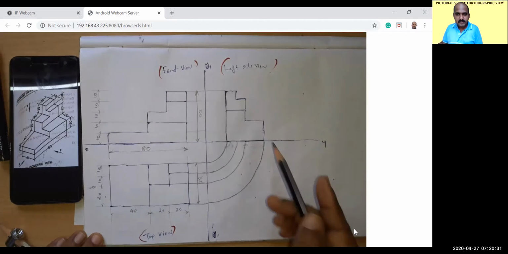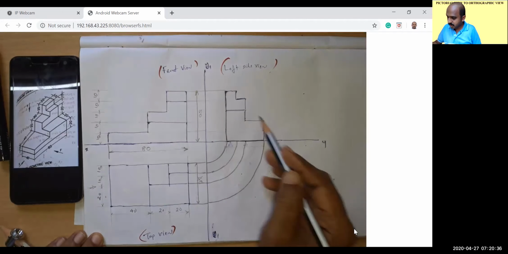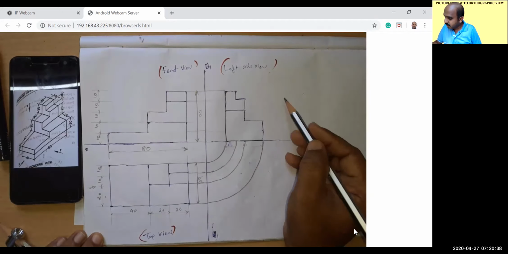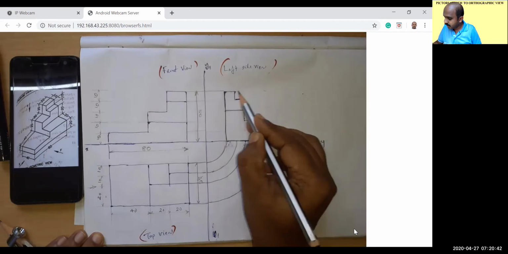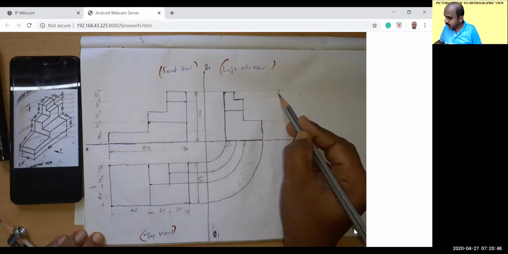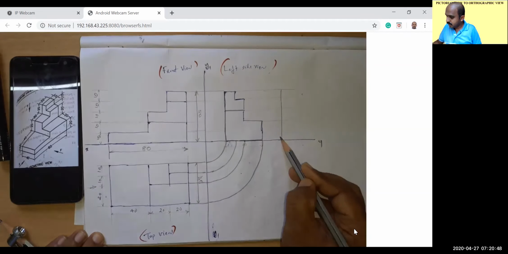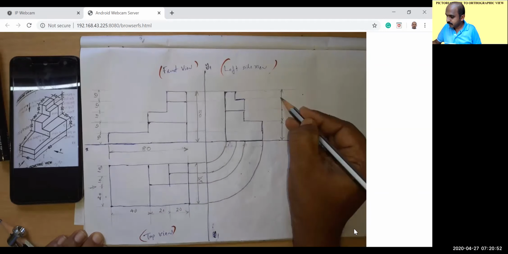Now we come to the side view. In the side view, this is already 50. So what dimensions can you give? From here, here, here, here. So what are the different dimensions? What about this height?